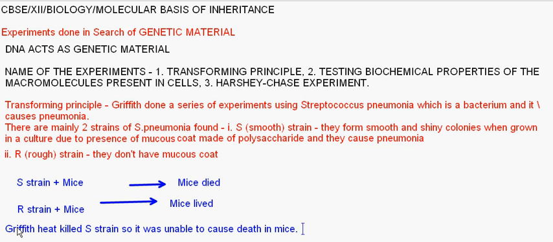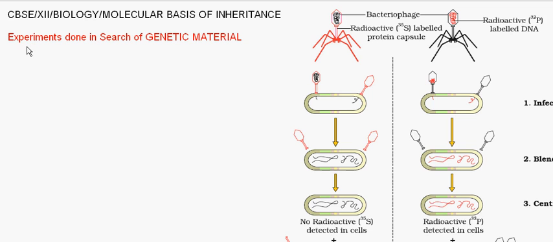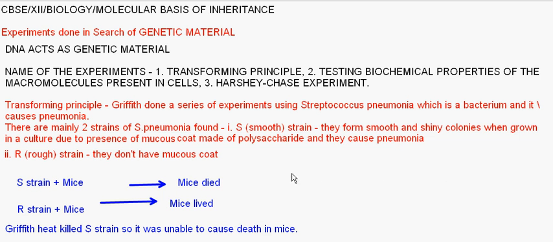Now what he did next, he applied heat-killed S strain plus R strain plus mice. Now this S strain is heat-killed, this R strain is live. As a result, again the mice died.